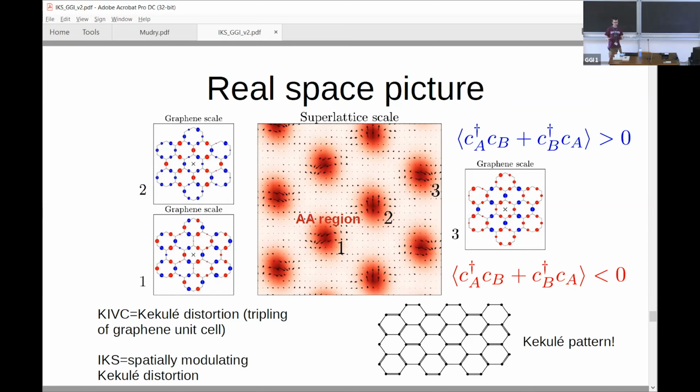The Moiré unit cell contains on the order of 10,000 atoms. So you're talking about electron densities that are about 10,000 times smaller than for monolayer graphene, and so any Kekule pattern you get here is going to be much, much weaker than in monolayer graphene. And so seeing it is very difficult.